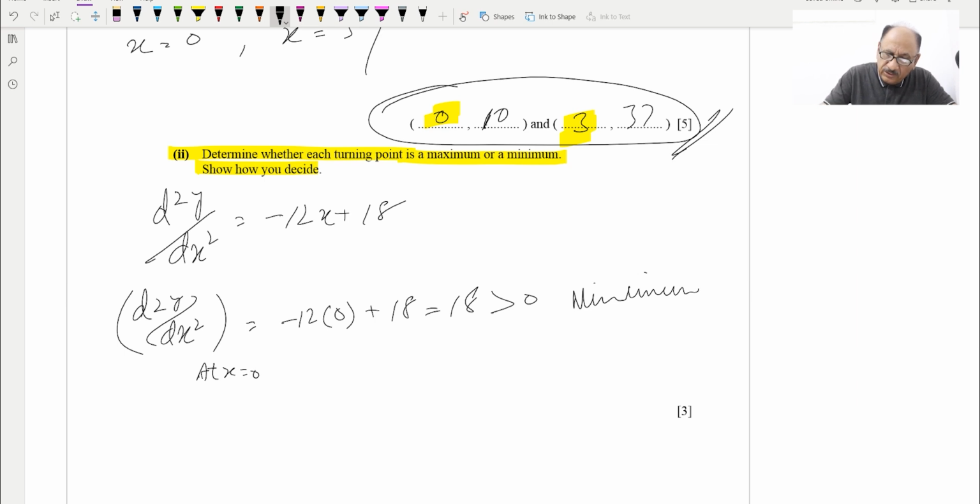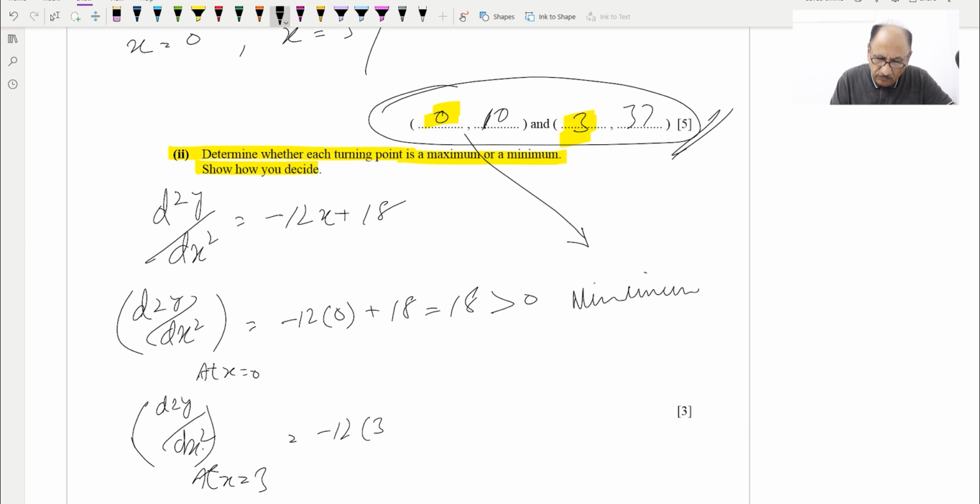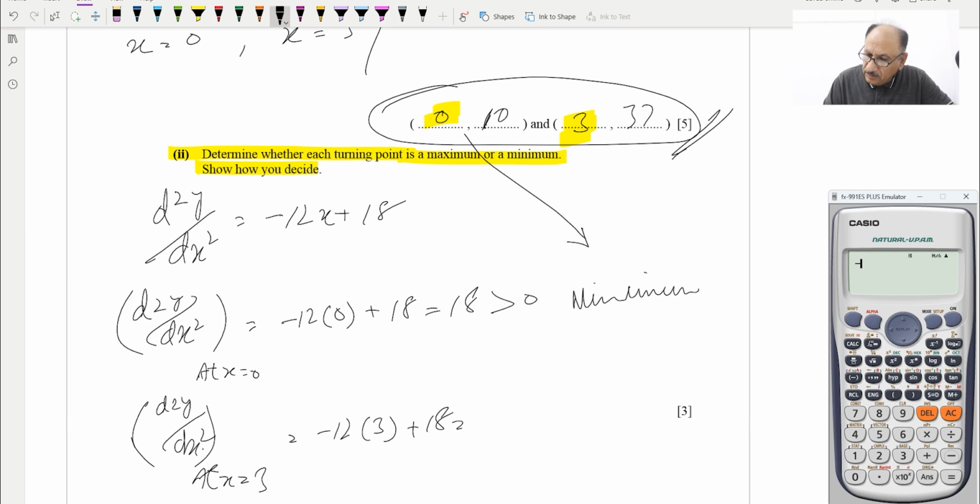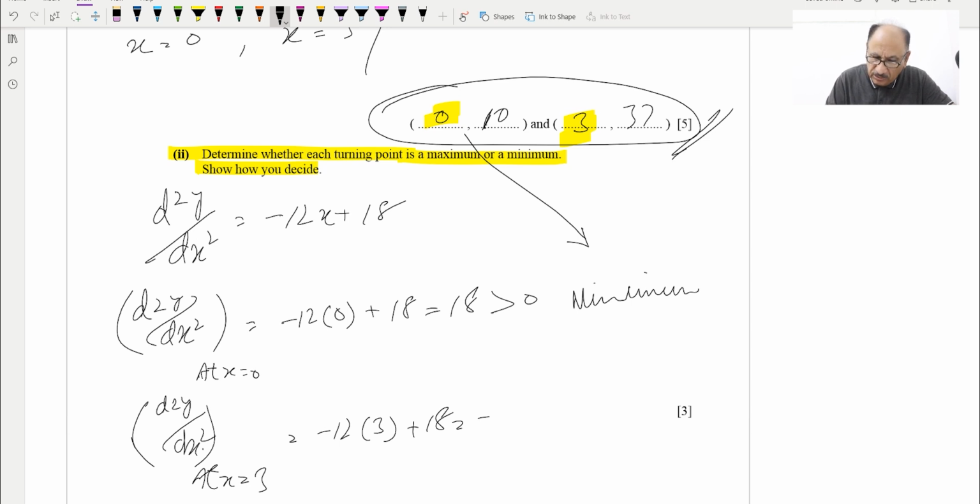So our point 0 and 10 is minimum, and for the other point, d2y over dx square at x is equal to 3 will be equal to minus 12 into 3 plus 18, which results in minus 18. So minus 18 is less than 0, so this will be maximum.